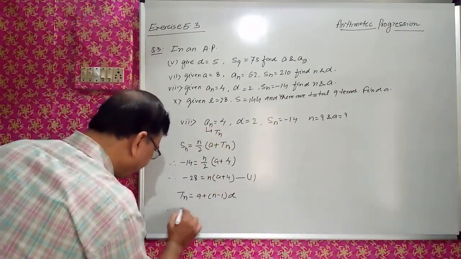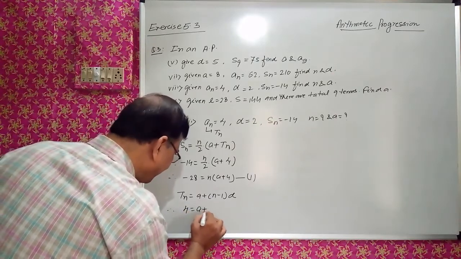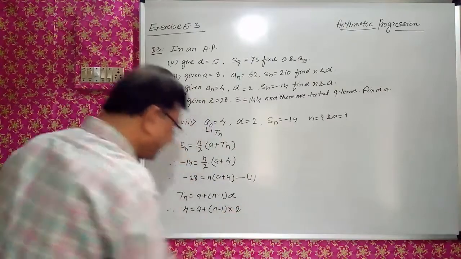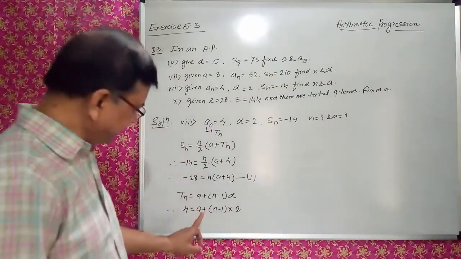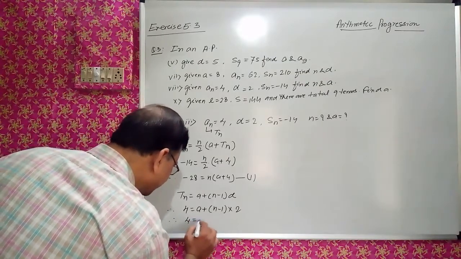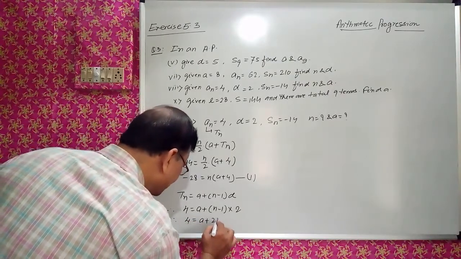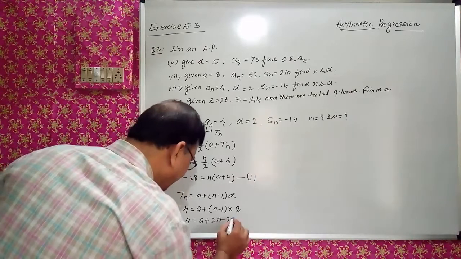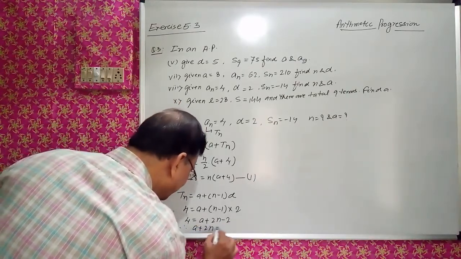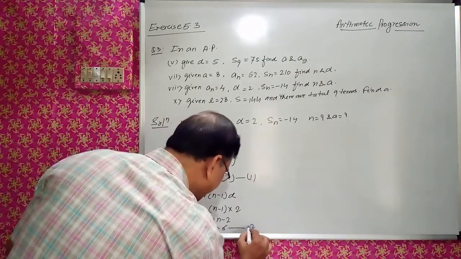Therefore 4 is equal to a plus (n minus 1) into d, which is 2. With that also we will get one relation between a and n. Therefore 4 is equal to a plus 2n minus 2, and this implies a plus 2n is equal to 6. This is the second equation.